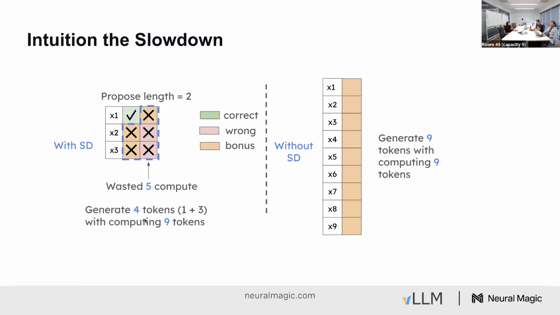So you waste 5 tokens of compute here. In low QPS it's fine, but in high QPS, the wasted compute might be quite expensive. So instead of doing speculative decoding, on the right-hand side you can just do normal decoding. In that case, you generate 9 tokens by computing 9 tokens. You don't waste any compute here.